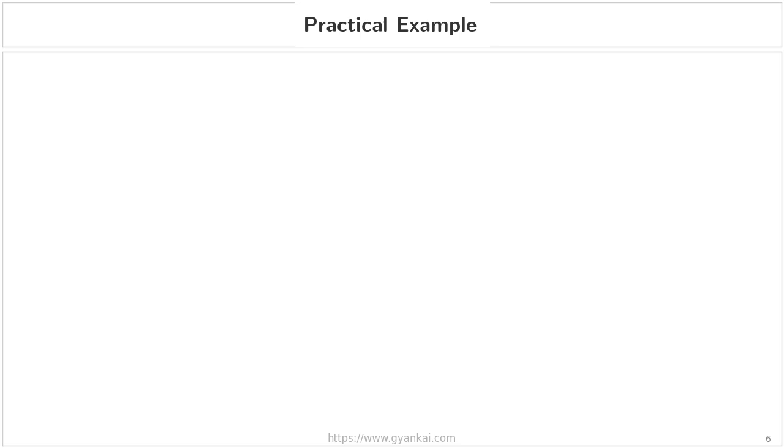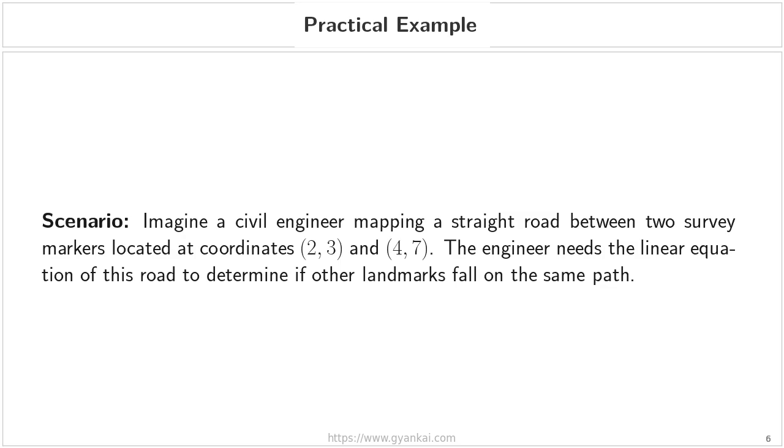Practical example. Now that we have understood the theoretical derivation and the steps involved, let's put this into practice with a real-world application. Imagine you are a civil engineer tasked with mapping out a straight road that connects two specific survey markers. These markers are located at the coordinates (2, 3) and (4, 7).